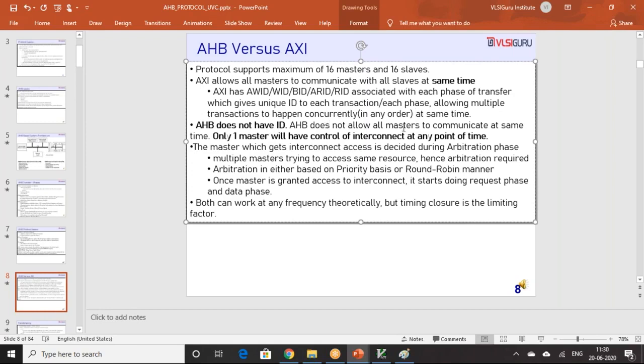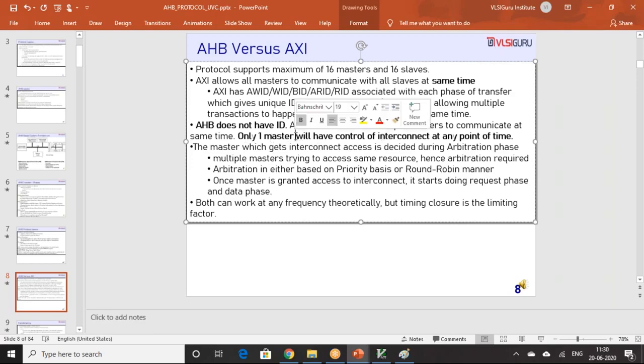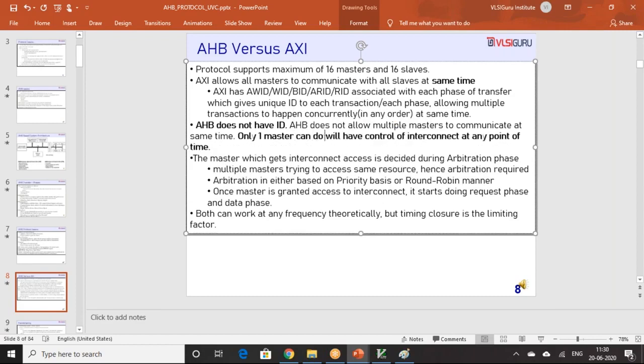So AHB does not allow multiple masters to communicate at the same time. Only one master can do a transaction at any point of time, and it will have control of the interconnect at that point of time.